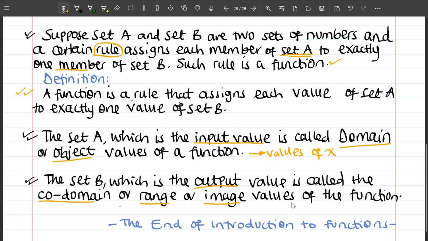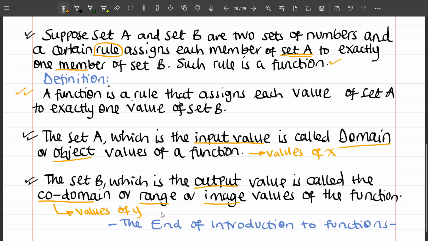That means if the question asks you to find the codomain, it is asking you for the output values. In most cases, the output values, the codomain, the range or the image values, are the values of y.